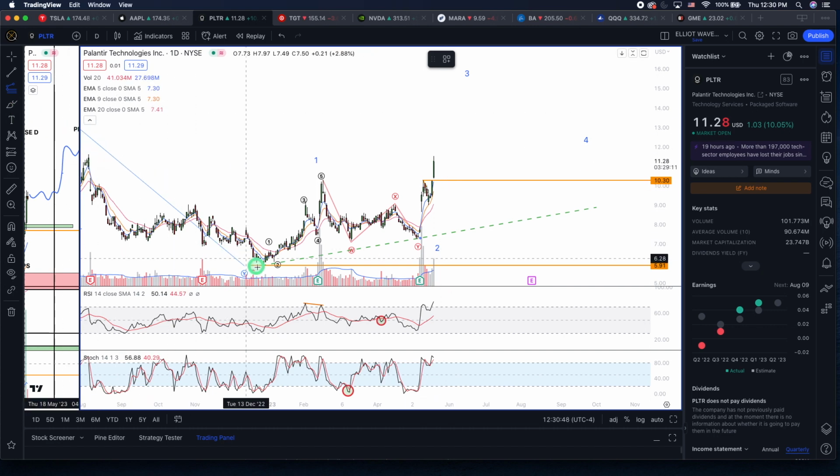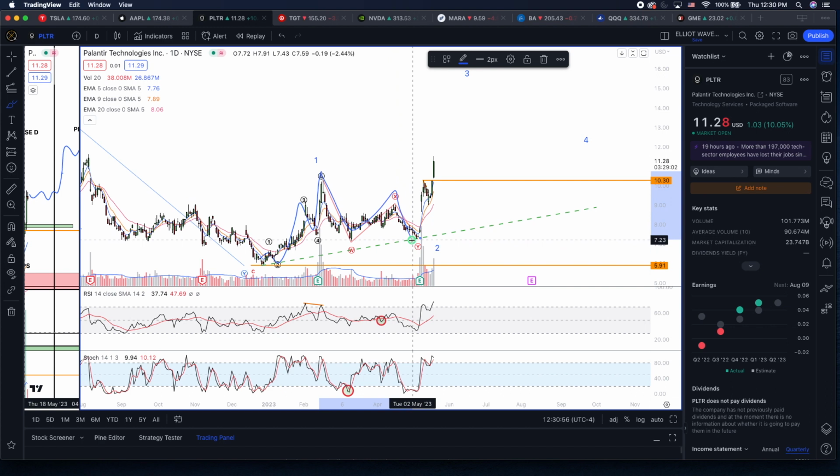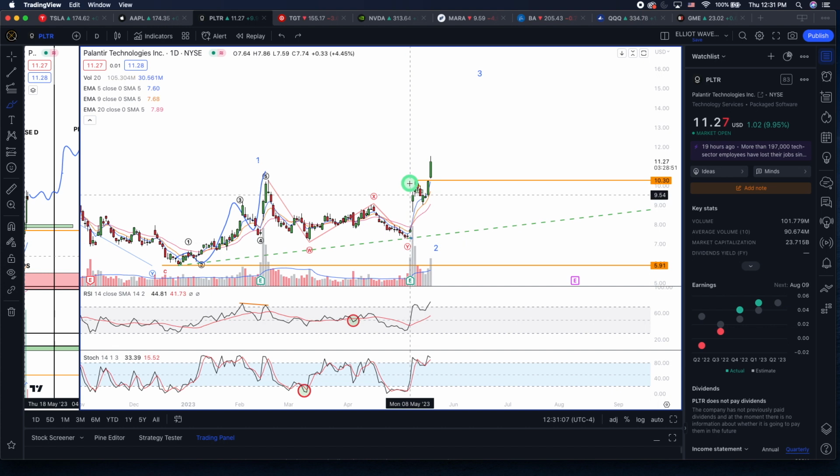But for right now, I think that we can take this first wave as a 5-wave count, right? Then we had this WXY second wave correction, and now we are basically looking to do a 3rd wave move, right? And we're already in it, right? And this started from that spring move, which the earnings was a catalyst for.